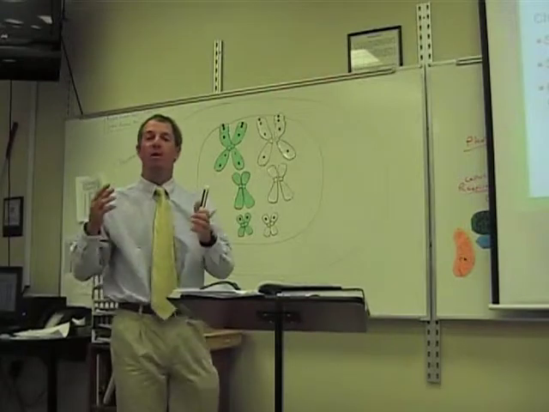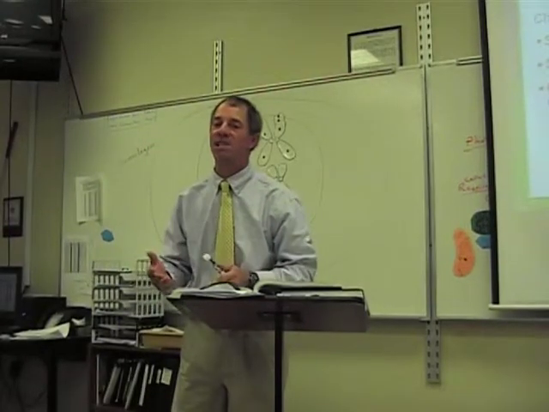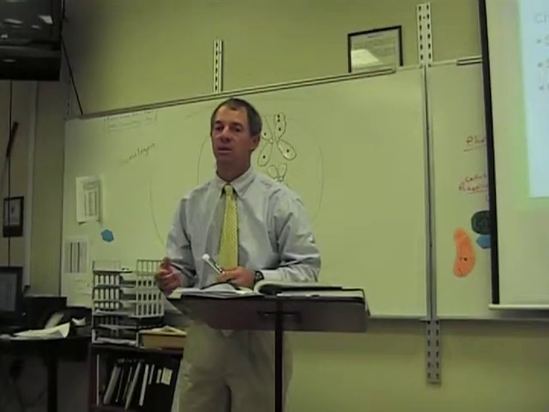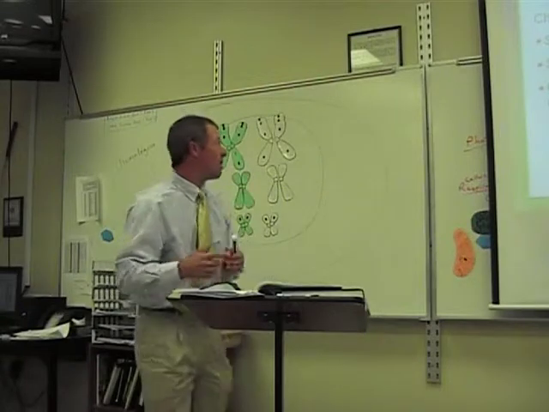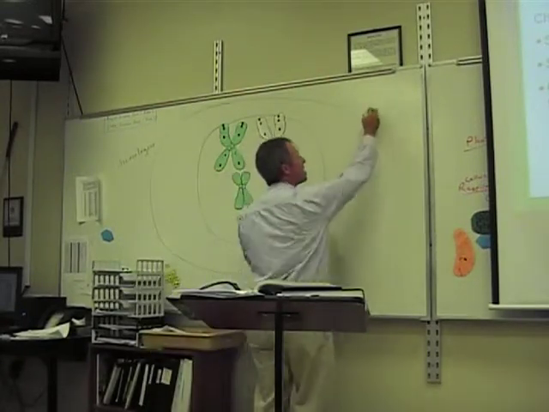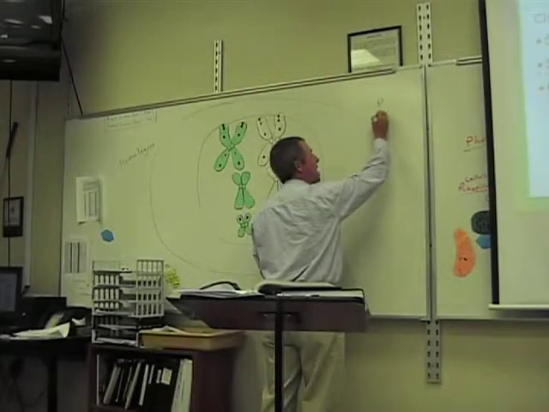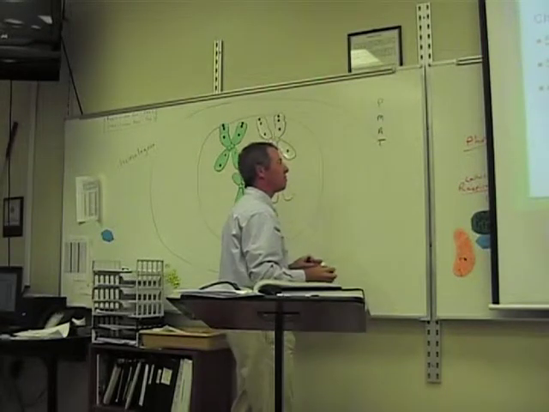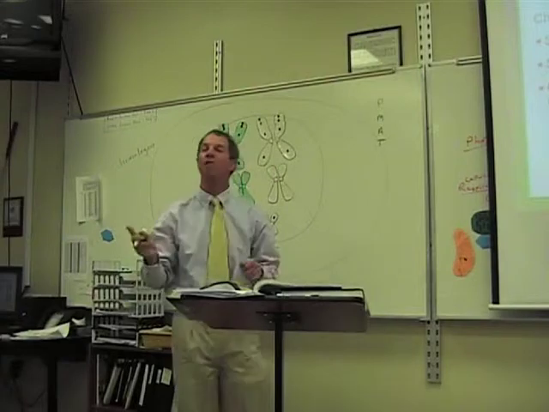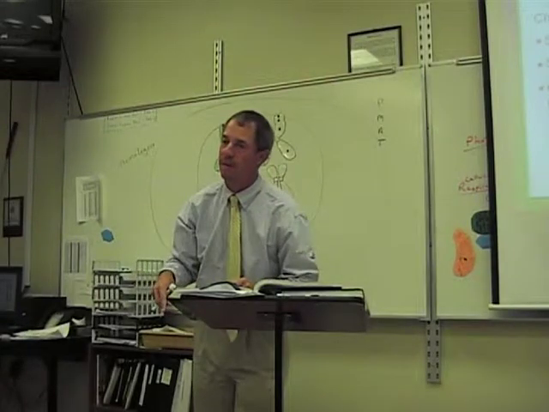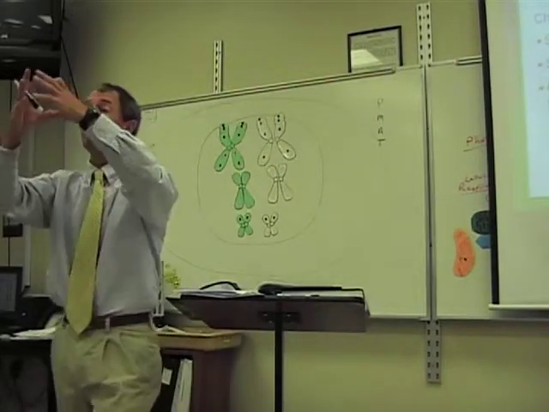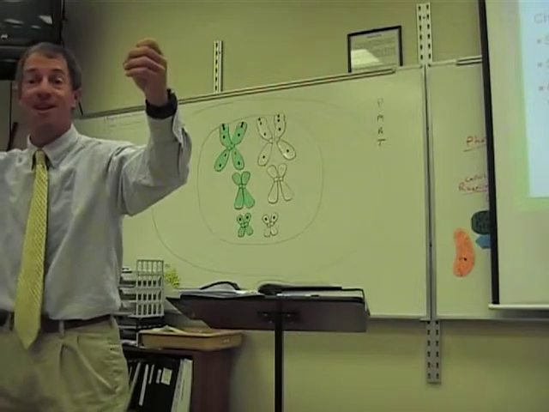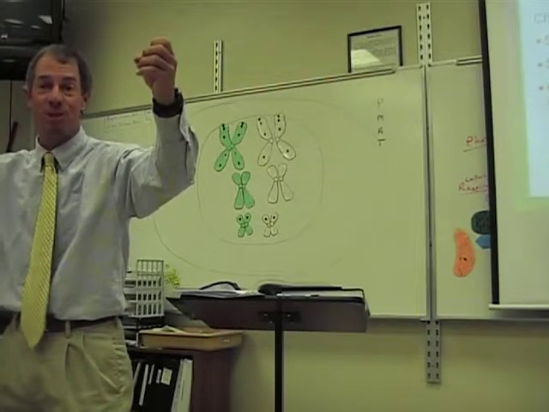Okay, so when we're going to divide these things up and make sex cells, we're going to go through the same phases we studied before: prophase, metaphase, anaphase, and telophase. But we're going to go through them twice. Remember, going through them once made two cells that both had 46 chromosomes.